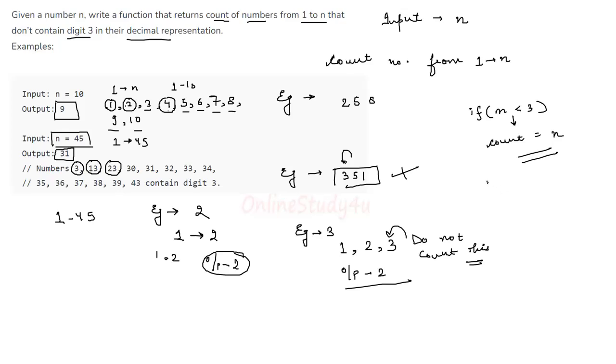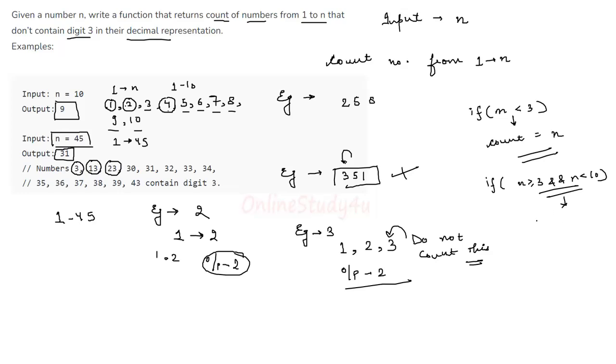But suppose if your n is greater than 3 and it lies between 3 and 10, 3 and 9, 10 is excluded over here. So in that case, you will encounter one number that will contain digit 3. That will be the number 3.